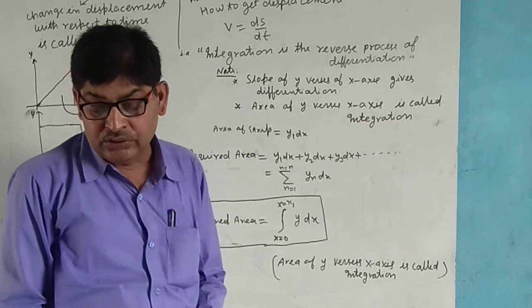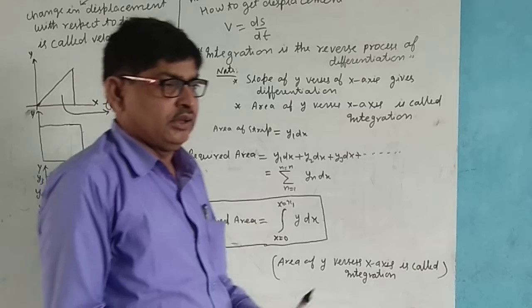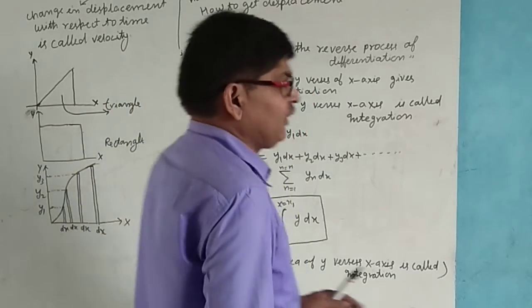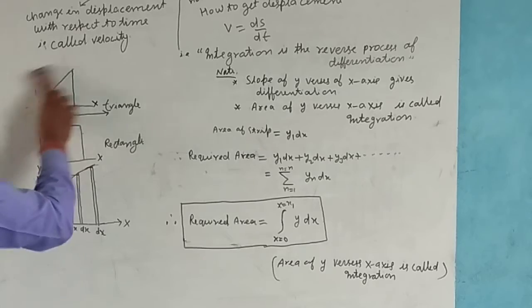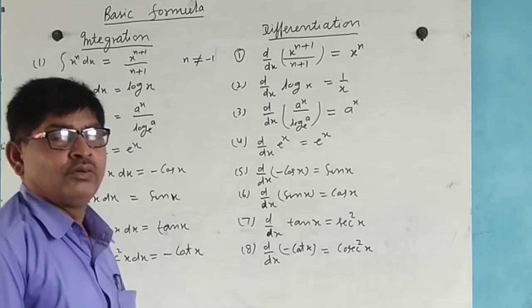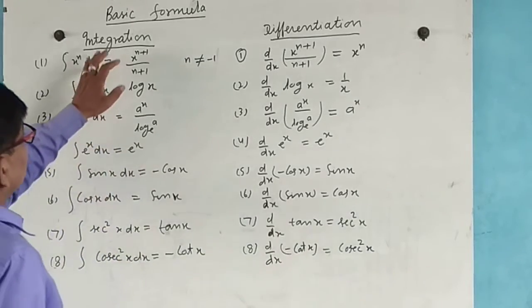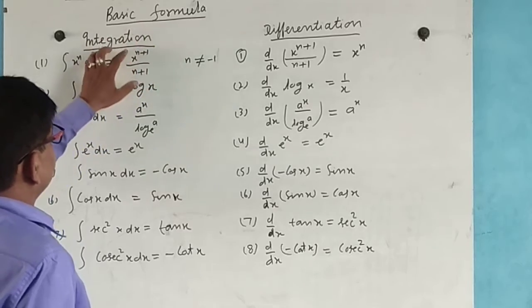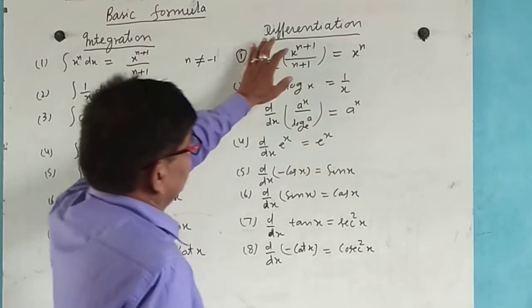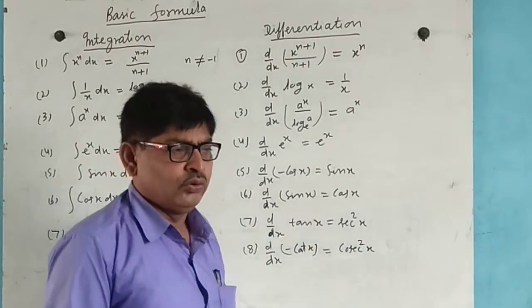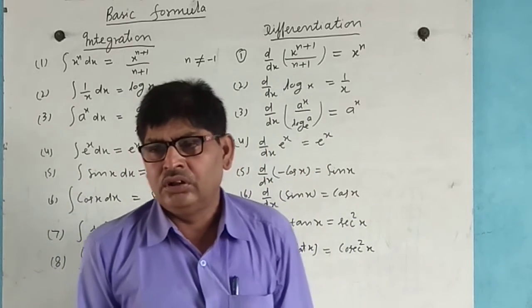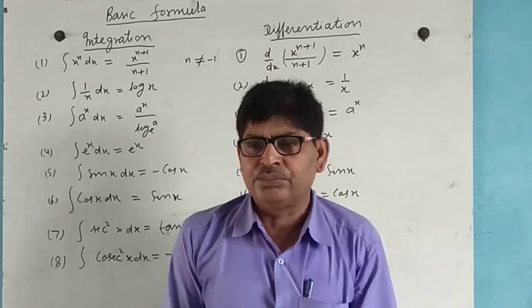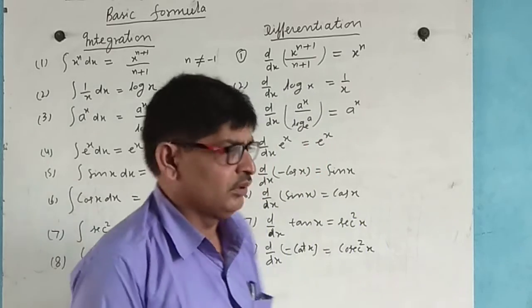Now we will see some basic formulas for integration. Here are some basic formulas. This is the integration and this is the differentiation. As you see, integration is the reverse process of differentiation.